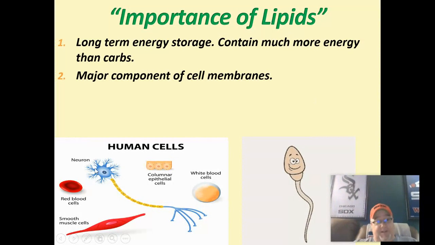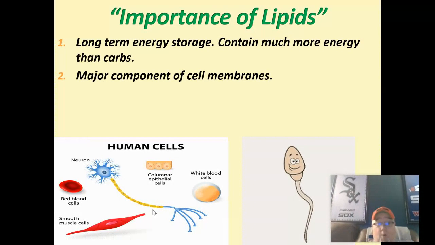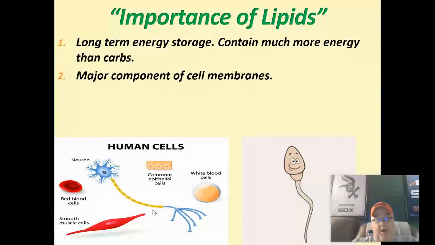Here, for example, this is a neuron. If you look on the bottom left here, this is like a brain cell or a nerve cell. And this kind of yellow part right here, this is called myelin. We'll talk more about myelin a little bit later on in the year, but that myelin is actually made up of fat. And it's kind of like the insulation on a wire, like a plastic coating around a wire.